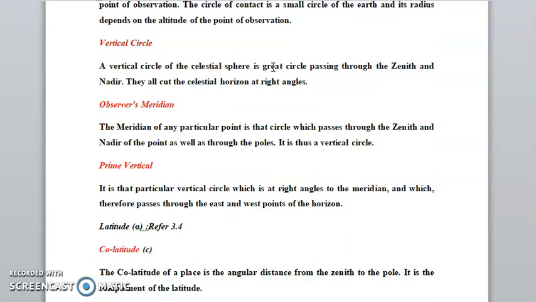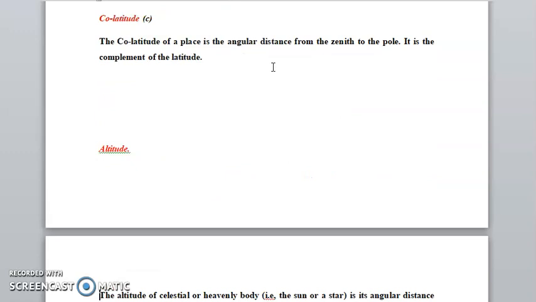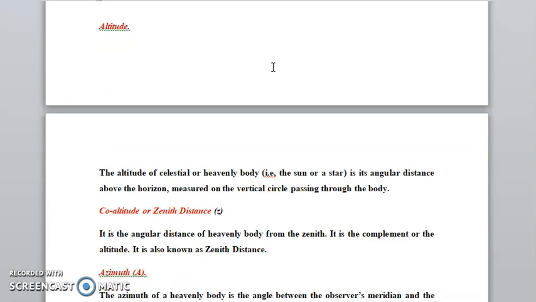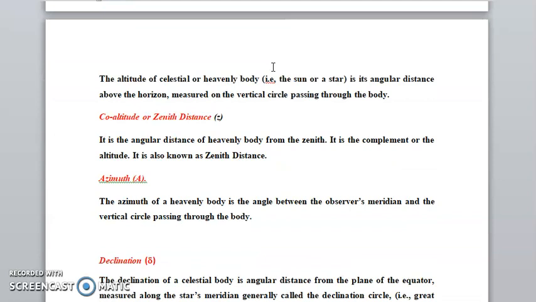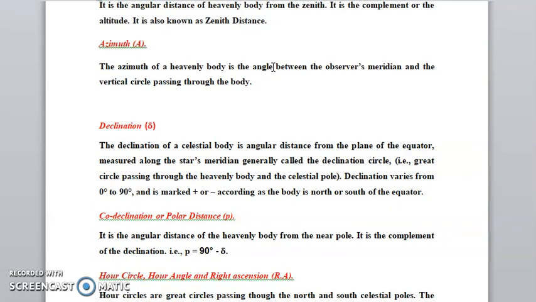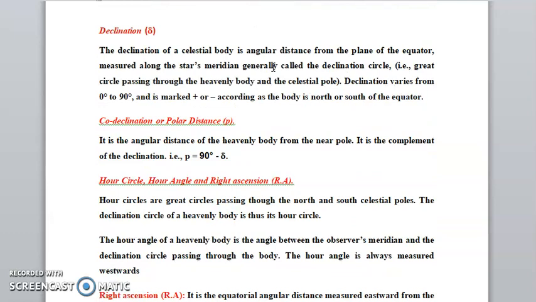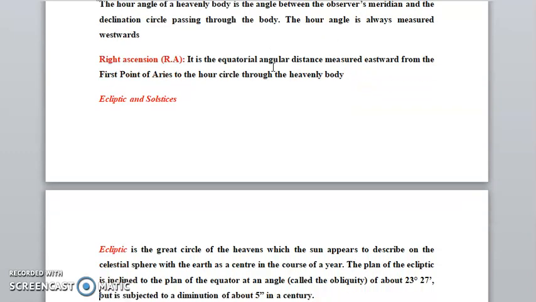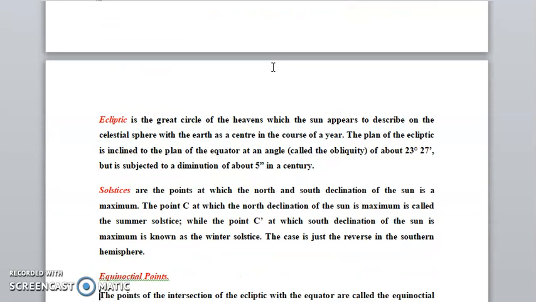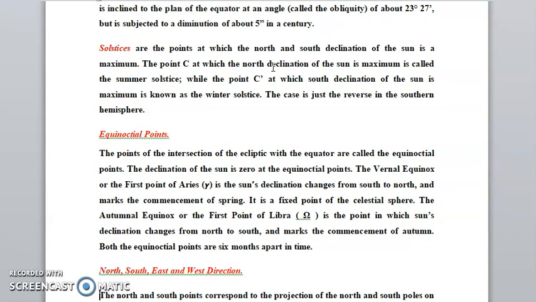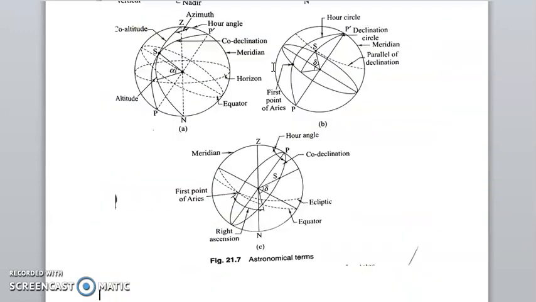latitude, whole latitude, altitude, co-altitude or zenith distance, azimuth, declination, co-declination and polar distance, hour circle, hour angle and right ascension, RA, ecliptic and solstice, equinoctial point, then north, south, east, west directions.